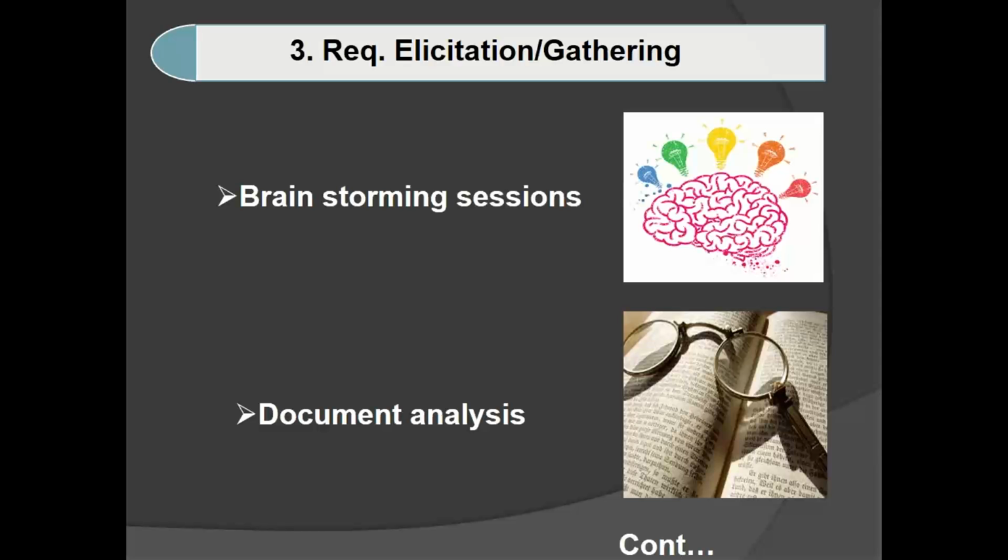So two sets of documents will be available: one for the current process and another for the modified or new process. When you combine and relate these two sets of documents, whatever new things you have done in the modified or new process are nothing but requirements. With the help of document analysis, you can also do gap analysis and as-is and to-be process analysis. So this is another technique.